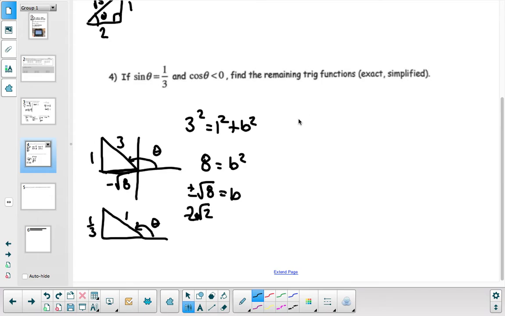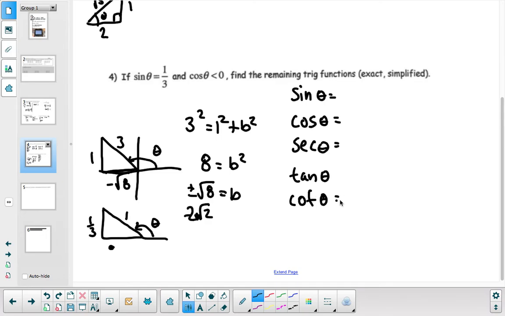All right, so we have 5 missing functions. We have cosine, secant, and I forgot to mention this is going to be gross. Let's just work with this one. Sine theta, tan theta, cotan theta.